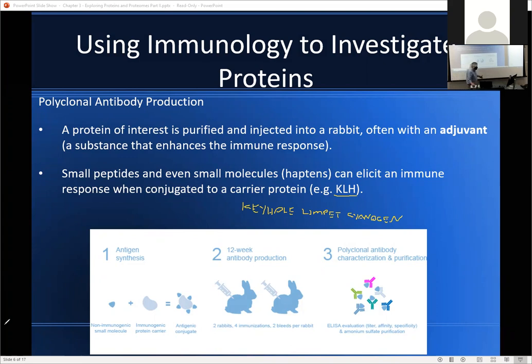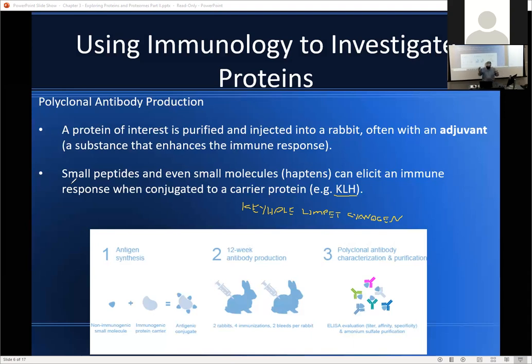We can even do this with small peptides, even small molecules called haptens. So if you have like a small organic molecule, I'm talking maybe something with a benzene ring and not much more, by conjugating it to a carrier protein like KLH, we can actually get an immune response against something as small as a small organic molecule.